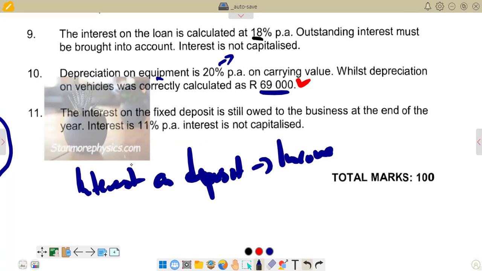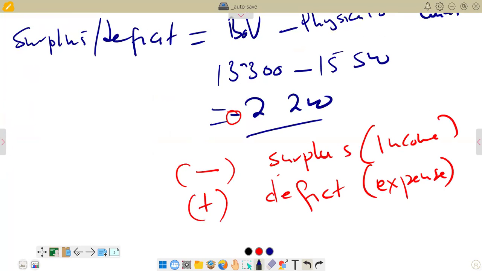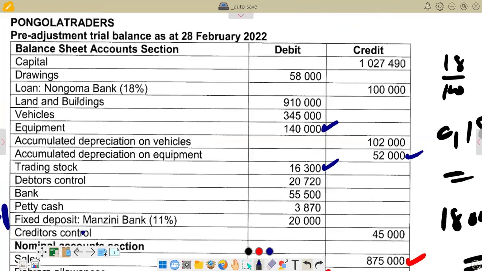So what are we supposed to do? We calculate 11%, which is 11 over 100, then multiply by the total for fixed deposit given in the list of balances. You come here, and you see the fixed deposit figure that we have is 20,000. So 11% times 12,000.